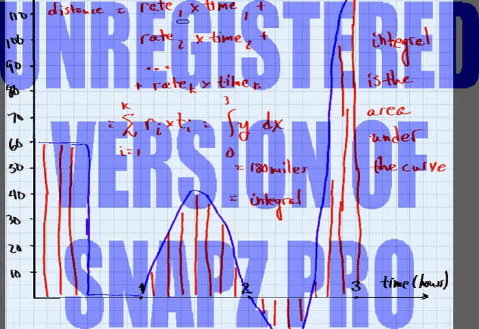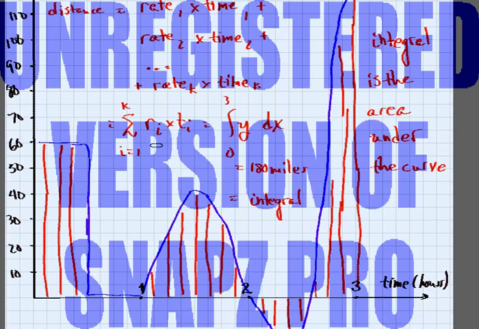And so it's rate 1 times time 1 plus rate 2 times time 2, all the way through until we've done all k, let's say, of these rectangles, rate k times time k. And we should get the same result. We just have added up all of those rectangles. It should give us the distance traveled. And in fact, it does.